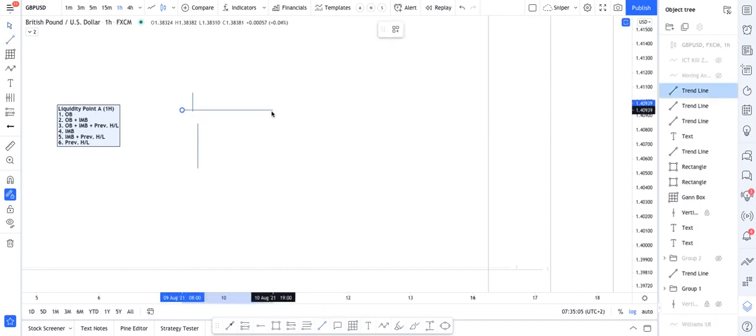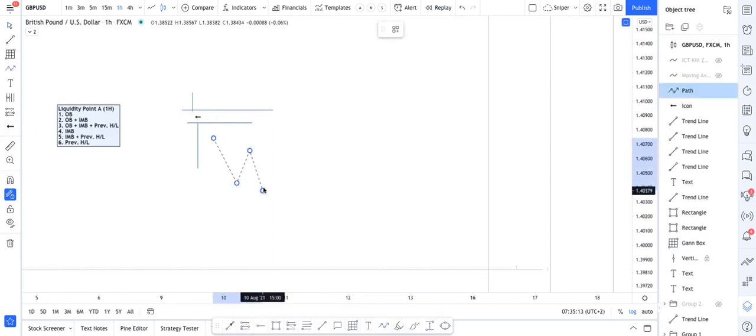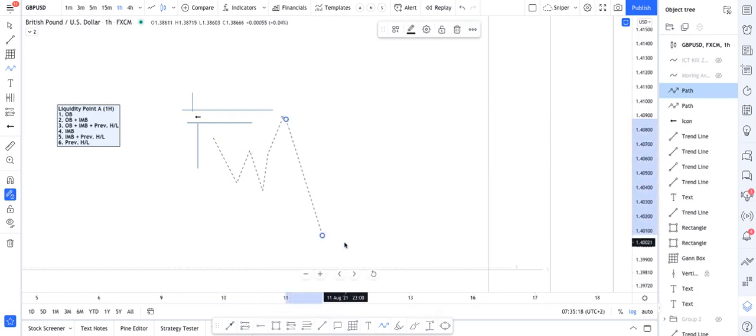Sorry about that. Imbalance. And then we see price trading back to it, and then go lower.